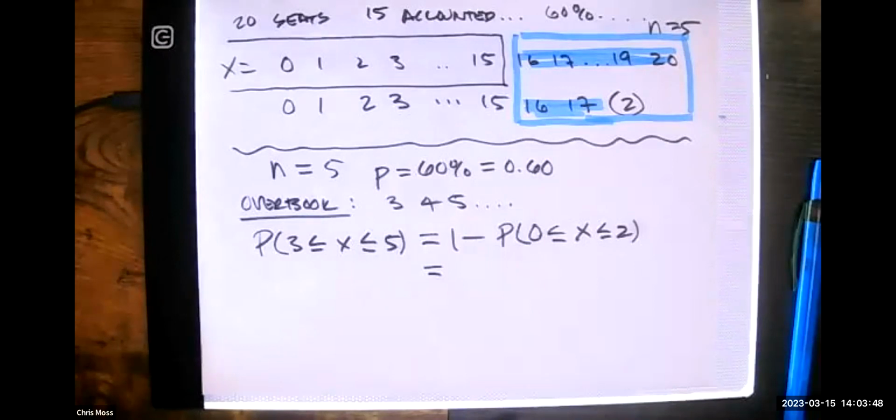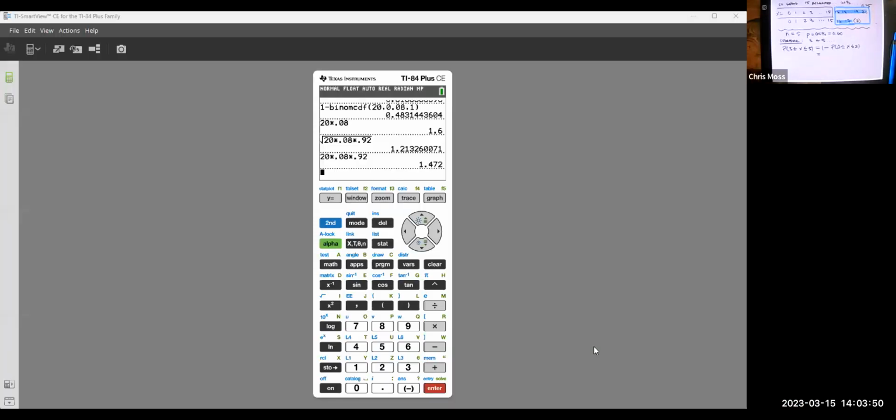So if I put that on my calculator, clear that out. So that's 1 minus binomial CDF. I have 5 trials now. 0.60 is the probability someone shows.